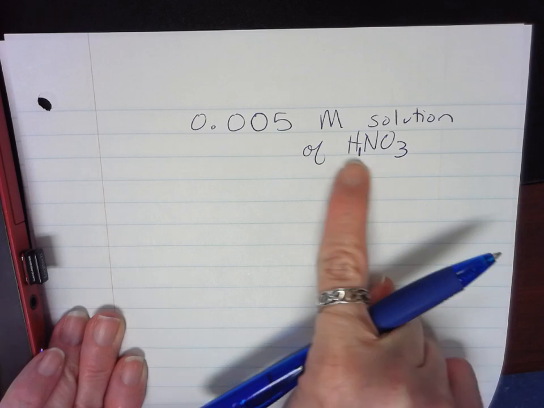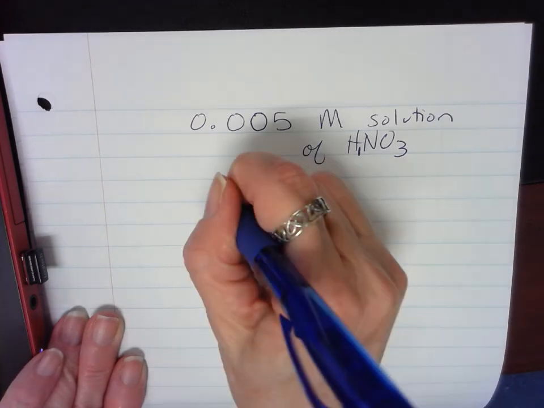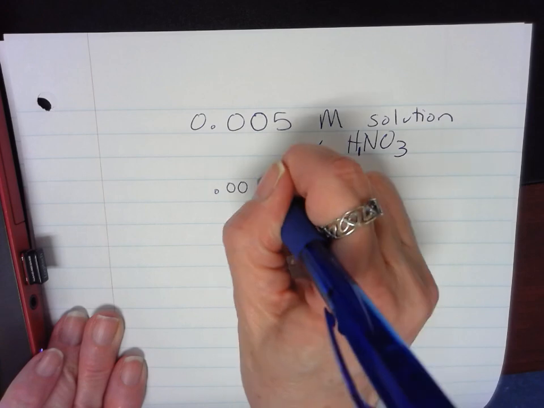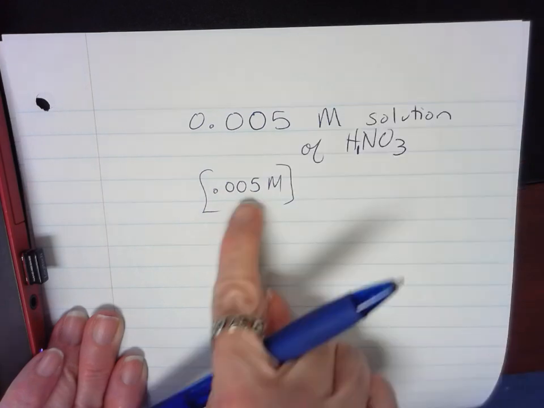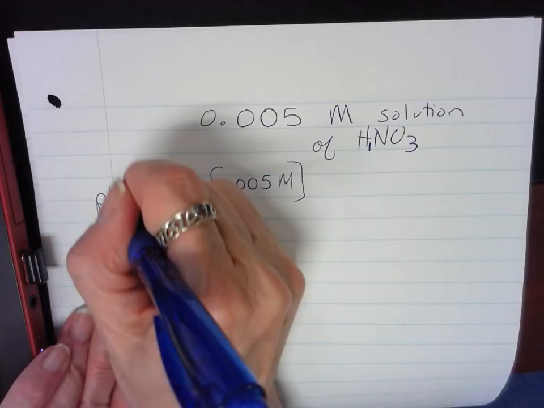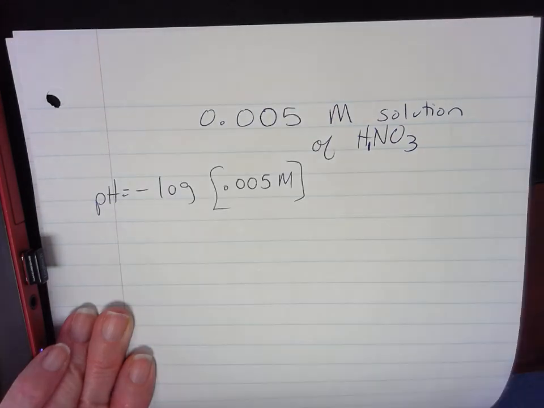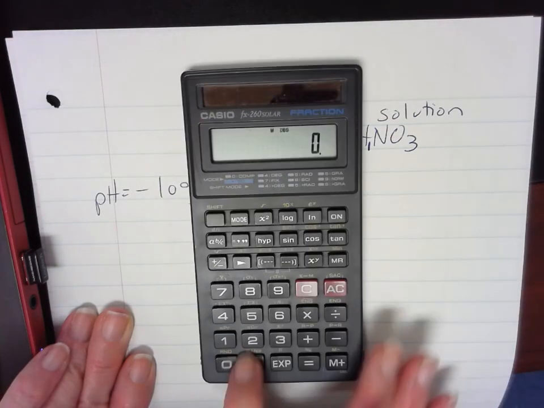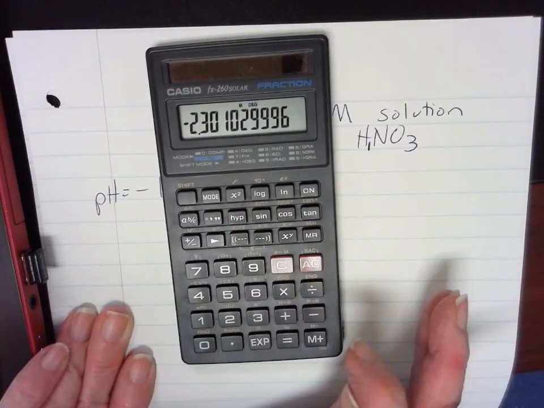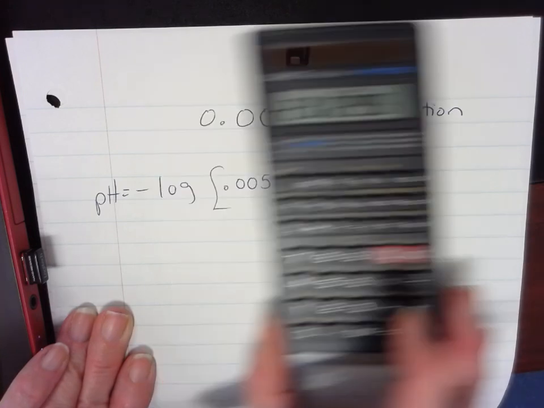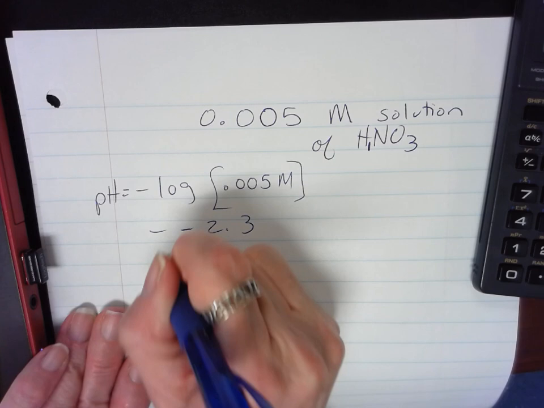Okay, so 0.005 is what you would use in your brackets. So your pH equals the negative log of that. Okay, so 0.005, hit your log button, and you get a negative 2.3. So your pH, 2 negatives make a positive, is 2.3.